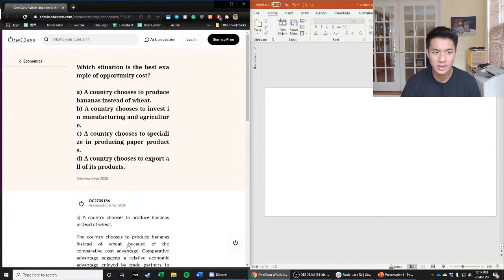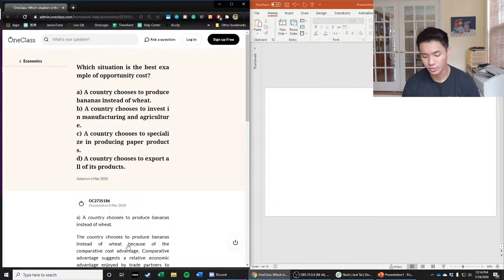When I make a decision to buy one good rather than another good, my opportunity cost is the good that I gave up, right? This is important to understanding basically decision-making in economics. So let's see which one of these answer choices fits into this idea of trade-offs the best. Now A says a country chooses to produce bananas instead of wheat, and right off the bat that seems like a really good answer for this question, right?